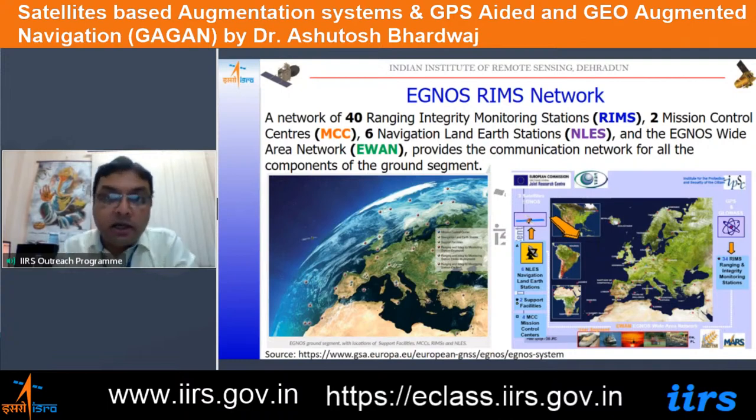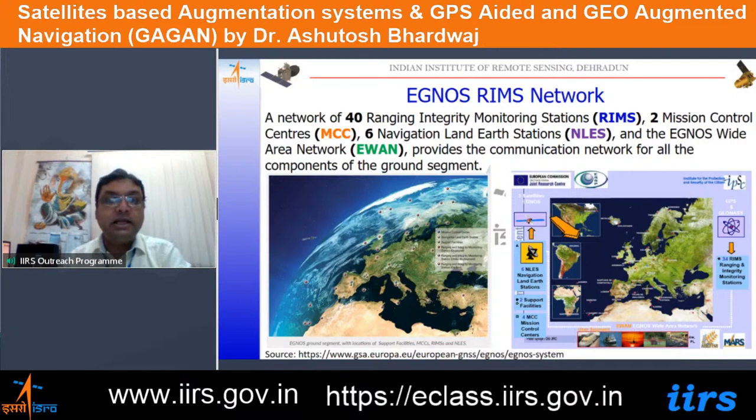Now in the case of EGNOS, the initial system was prepared using 40 ranging integrity monitoring stations, and it has been working primarily on the feed from the GPS signals only. Similar to the GAGAN or the WAAS, here also there is dependency on the GPS.